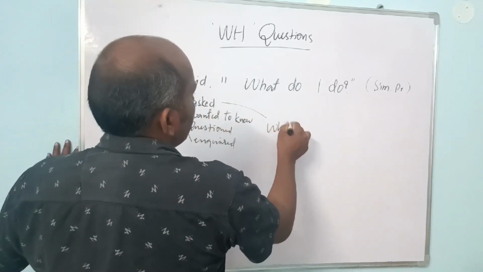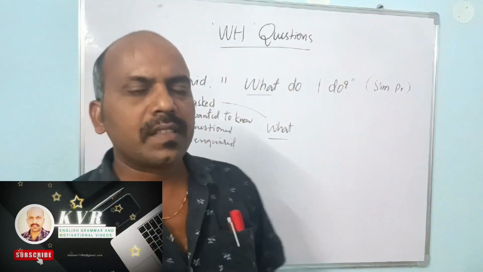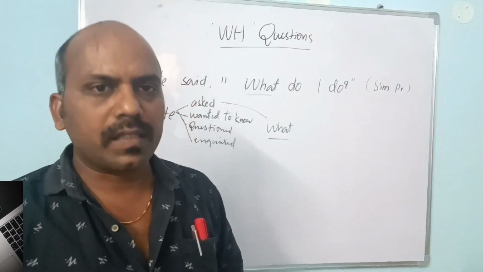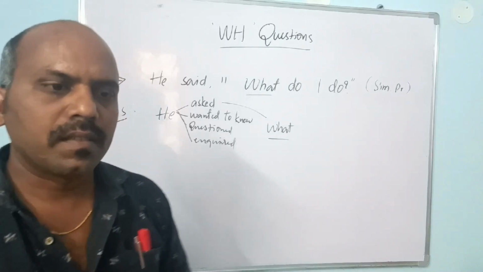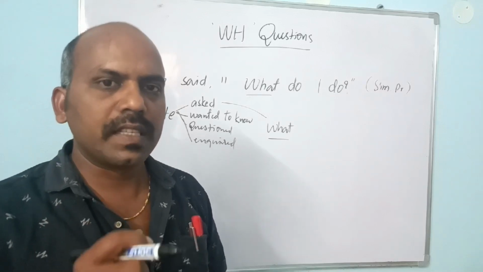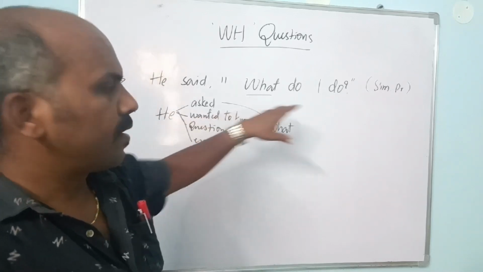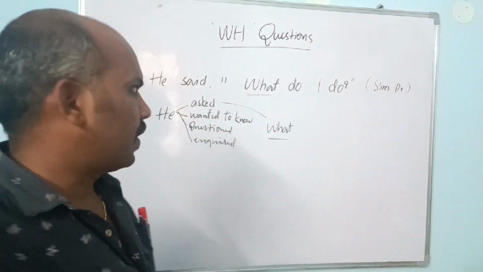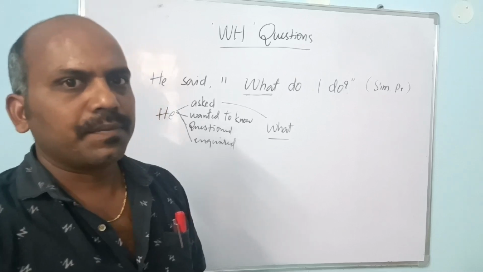What is the conjunction here? In statements the conjunction is that: said that. In yes or no questions we replaced it with if or whether. Here, the given WH word is used as the conjunction which connects the reporting and reported parts.